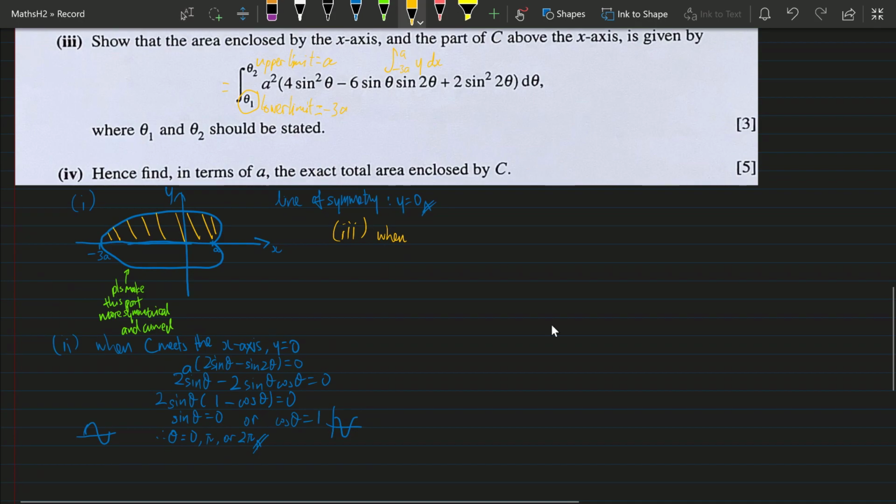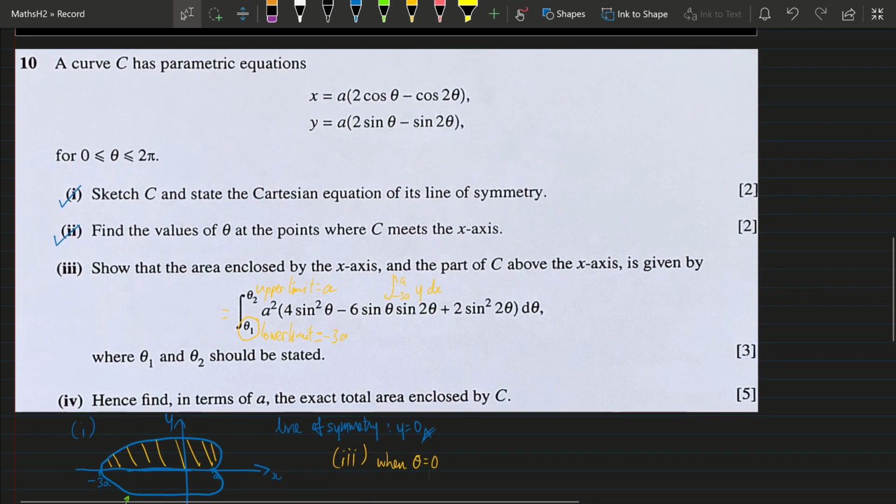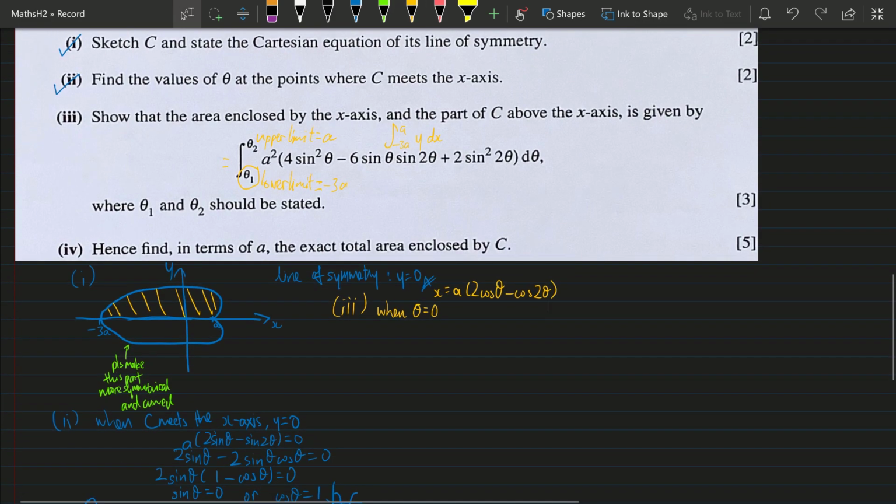So when theta equals 0, what was the actual value of x? Let's look at the x equation. x equals a times 2 cos theta minus cos 2 theta. We need to check this, shall we? So when theta equals 0, we are going to sub it in.